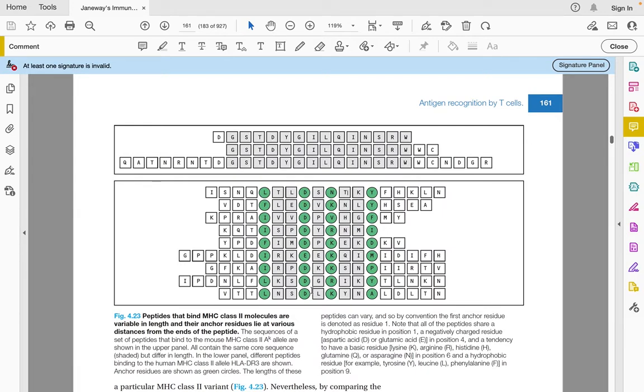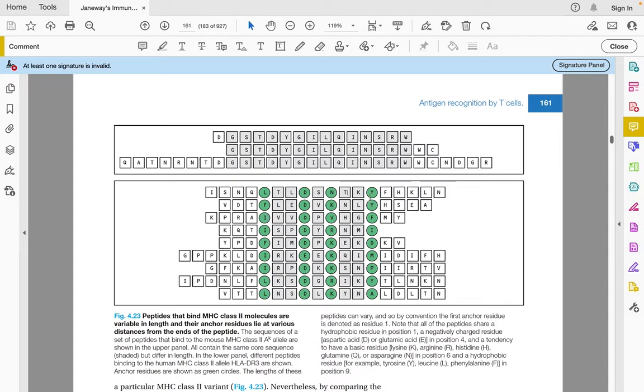Okay, and so these are the different peptides which bind to the human MHC class 2. You can see that in the antigenic peptide there are several amino acids which help in this kind of binding. Here you can see leucine, phenylalanine, isoleucine, so either aromatic amino acids or hydrophobic amino acids.